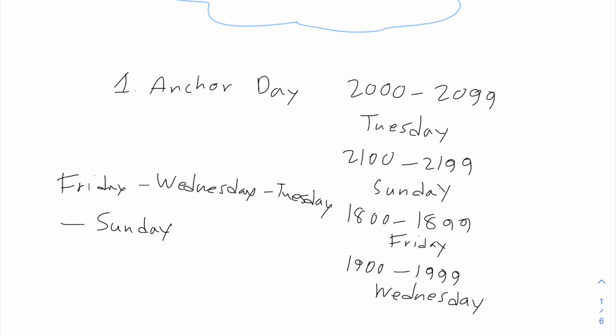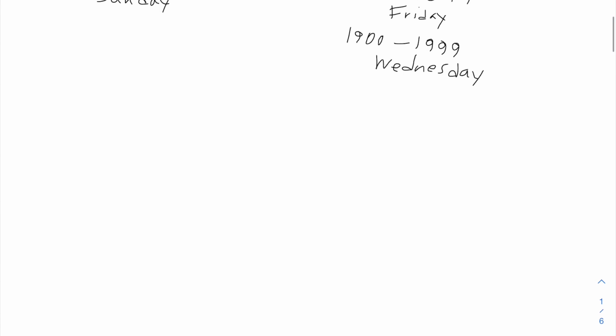Alright, so once we know the anchor day we're gonna find a day known as the Doomsday. So now, what is the Doomsday? Well, the Doomsday is essentially the day of the week on which key dates fall.